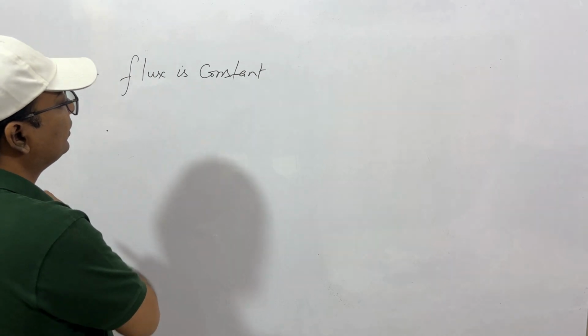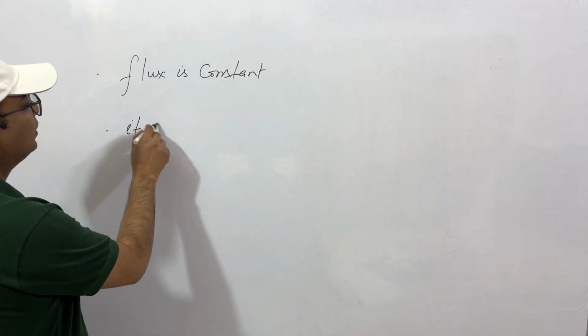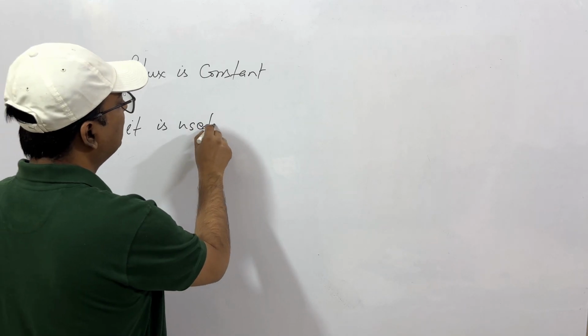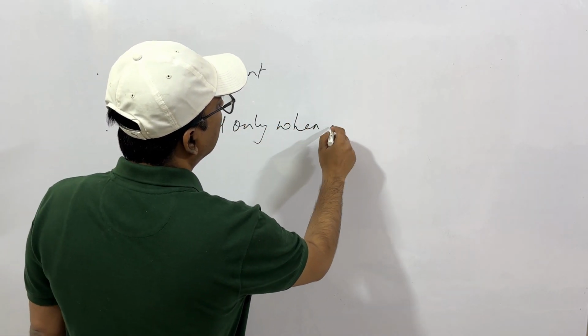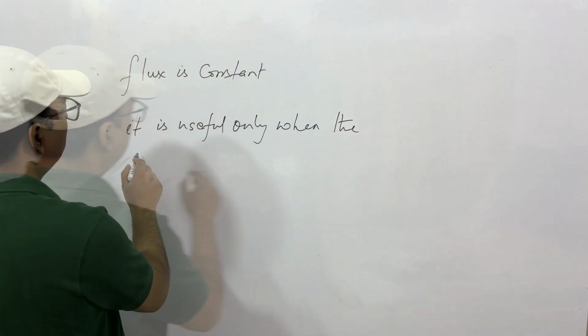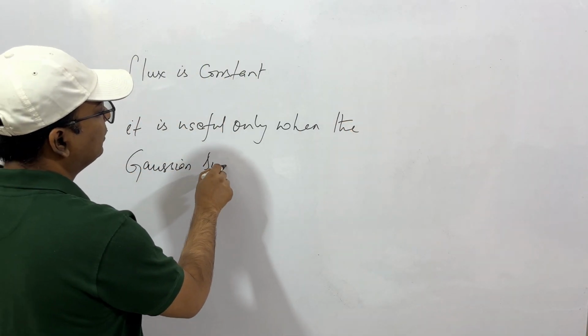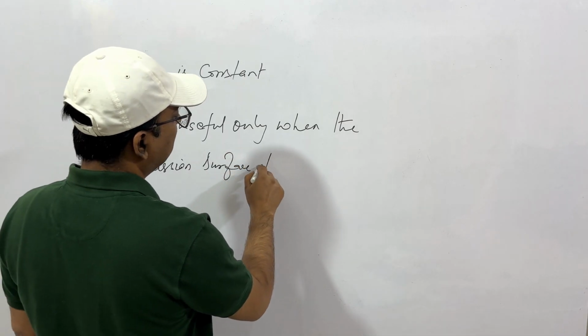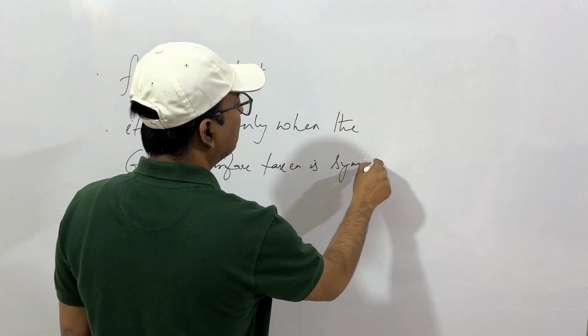Second, it is useful only when the Gaussian surface taken is symmetrical.